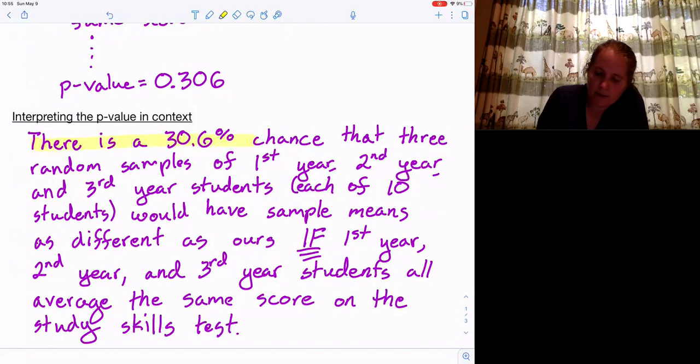There's a 30.6% chance, that's just the p-value in percent form.